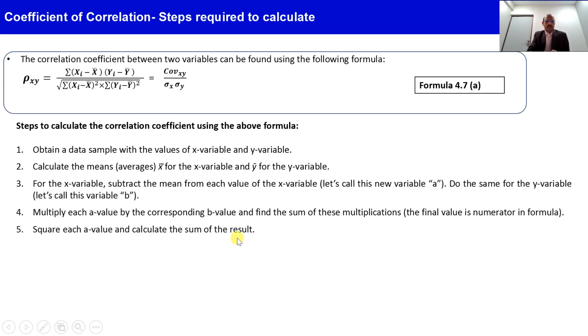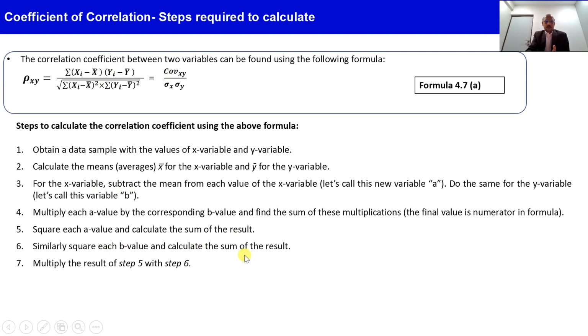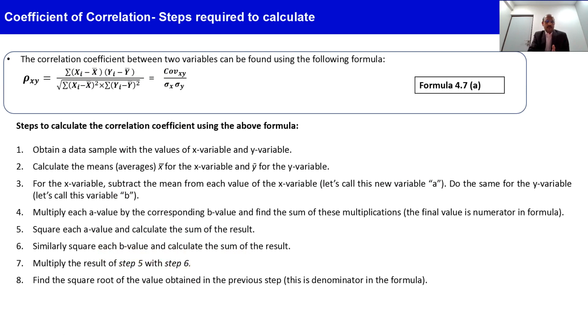So we will get a squared, that is equal to x minus x bar squared, and b squared is equal to y minus y bar squared, and then take a sum of that and multiply the result of the last step with step 6, and then take the square root of that value obtained in the previous step. This becomes our denominator in the formula.